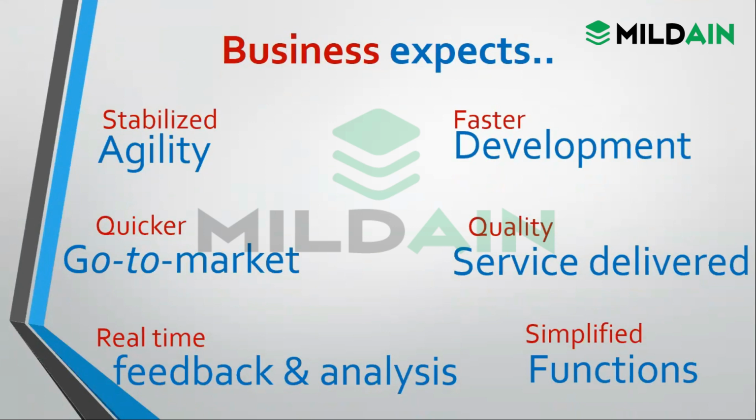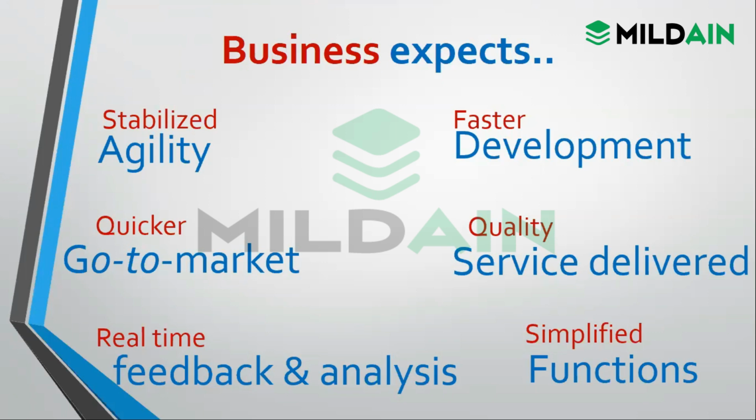So from there, the word agility comes. What is agility? Work is divided into small chunks, done, and immediately given, and immediate feedback comes. Agility is being used in development, not in operations.